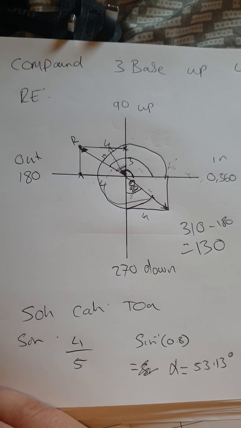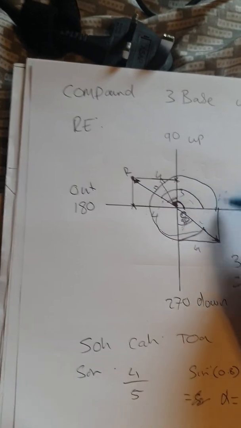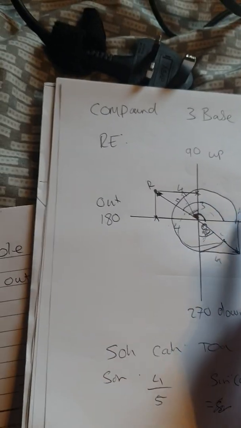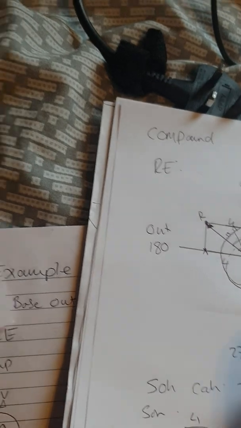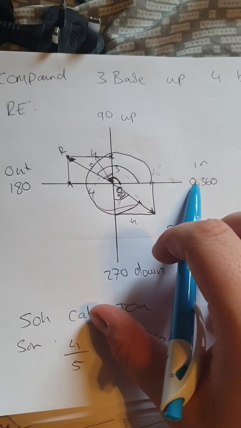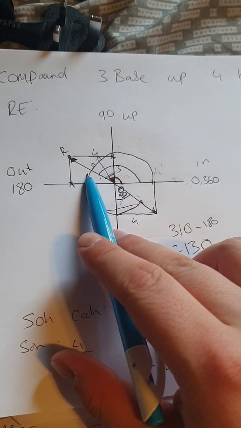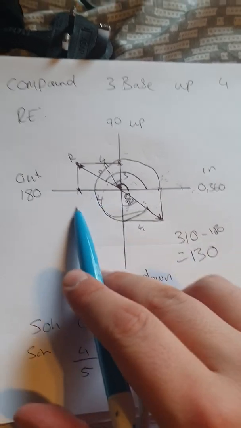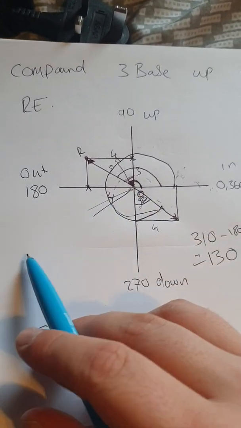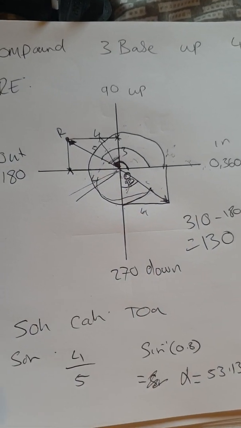Does that make sense? Just find out whatever the big angle is, whether it's 310 or whatever. But I always find you need to start from 0 and work all your way around. That's the way I do it, rather than going either side of 180, because if it comes out here, then you would do 180 minus that, or 180 plus that.